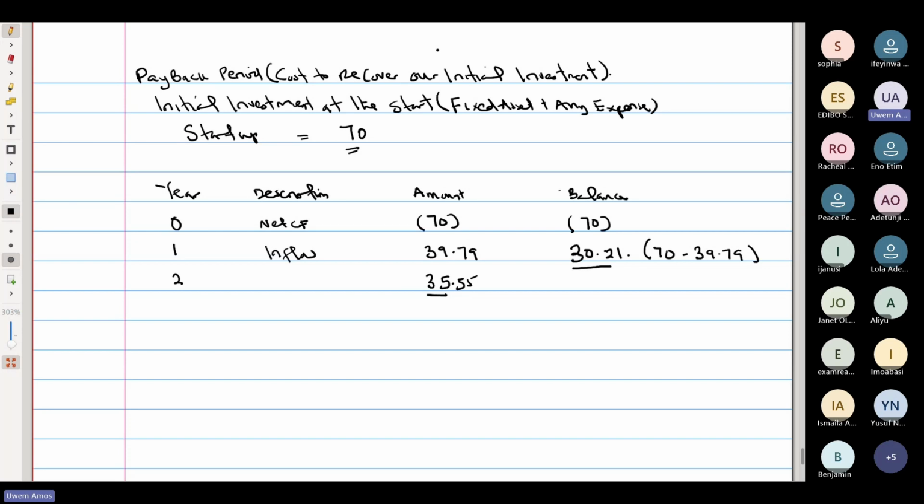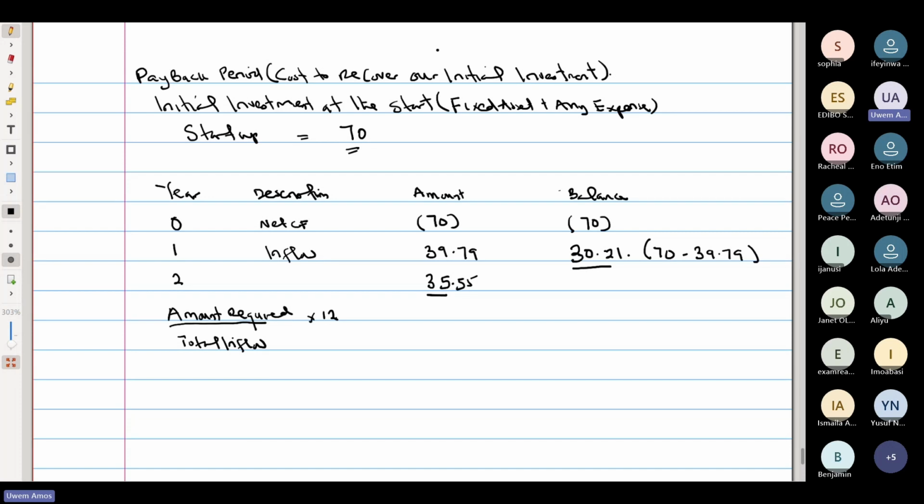We're going to just use a formula for that. When you have this kind of situation, it is the amount required divided by the total inflow, multiplied by 12 to know the period in months, because 12 months make a year.